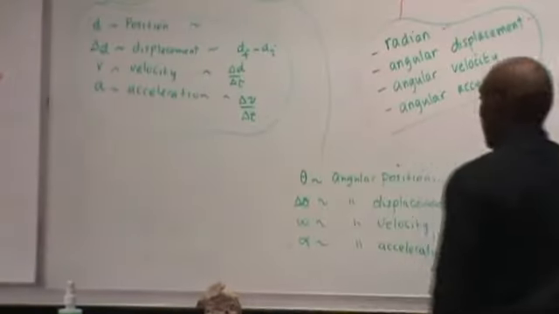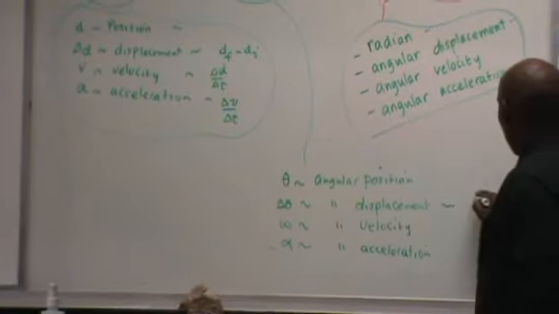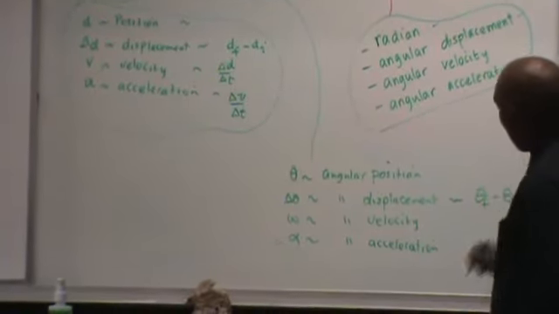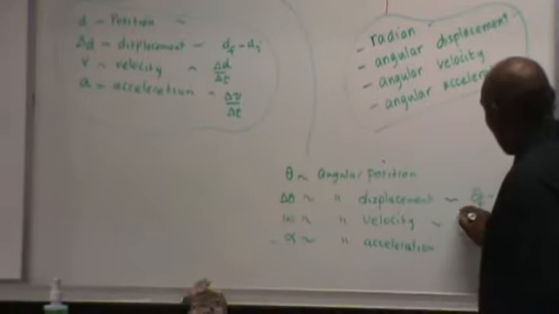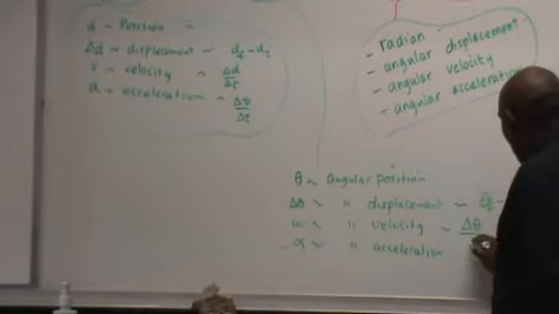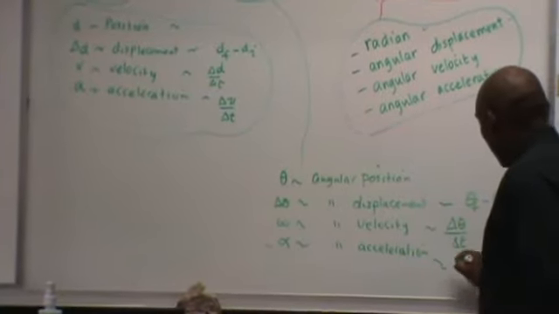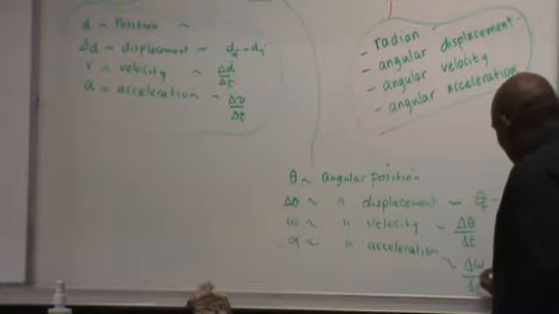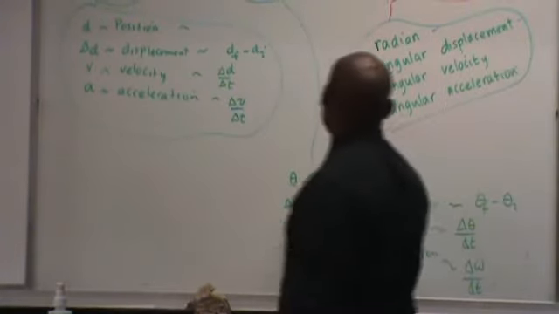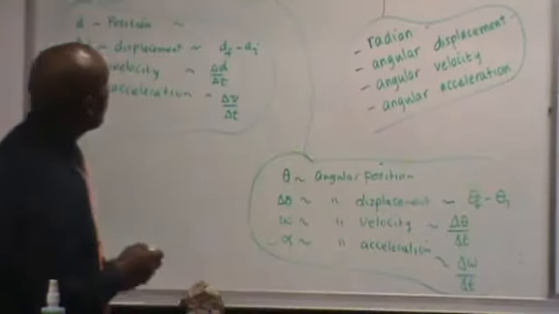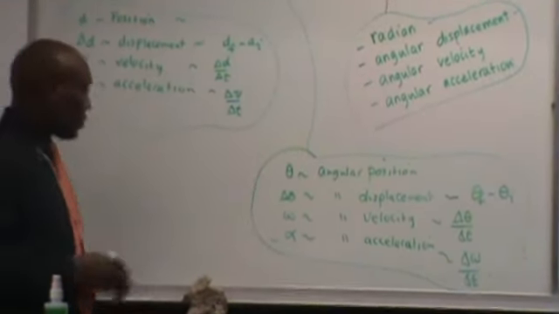This right here is final minus initial. This is change in theta over change in time. This is change in omega over change in time. Okay? Linear, angular.